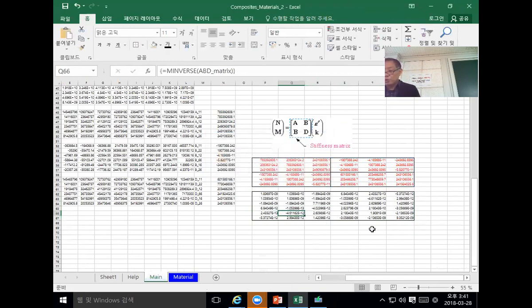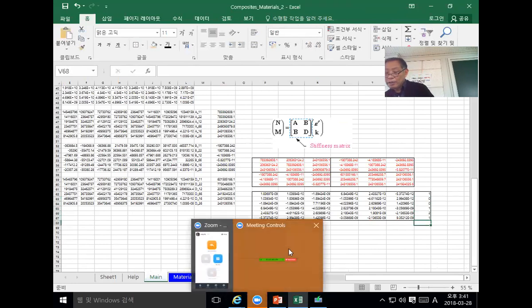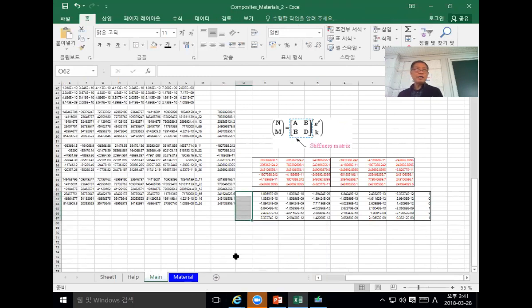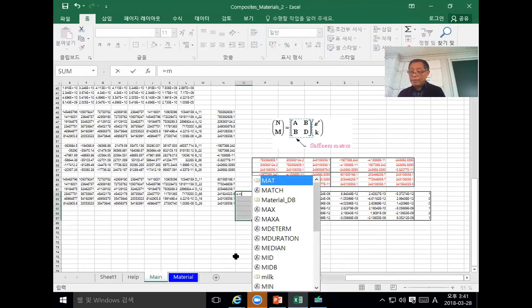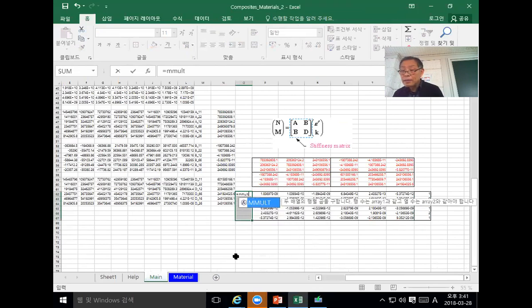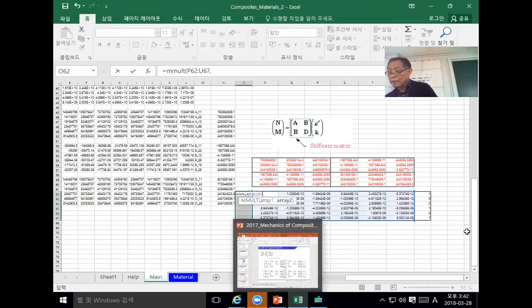And now what we need to do is multiply what? Let's call it the load. Okay? Load means that this is N1, N2, any values, moment 1, moment 2, and moment any value. Now you can get the strain and curvature by multiplying this guy and this guy.